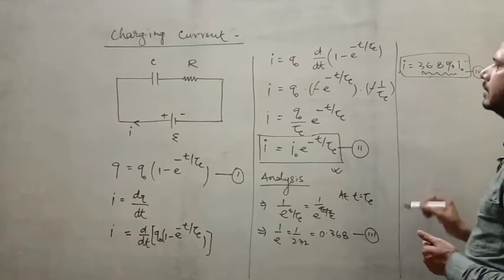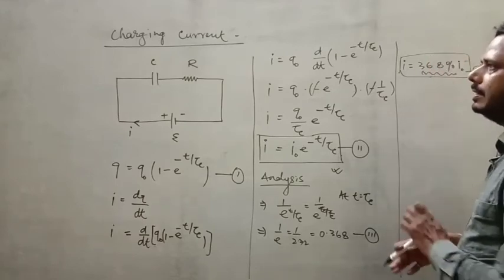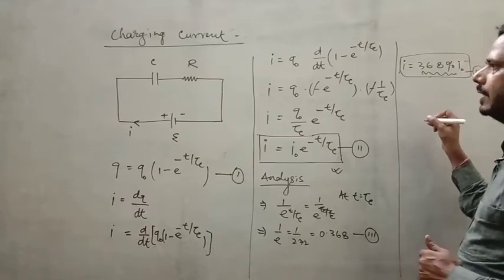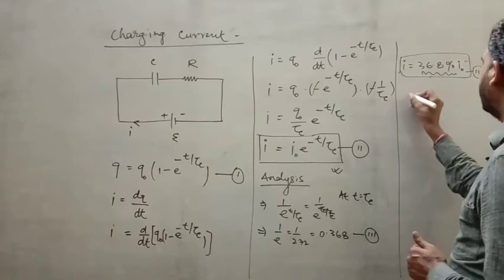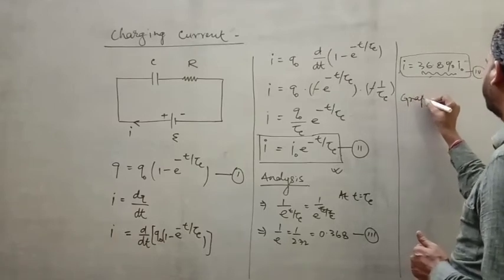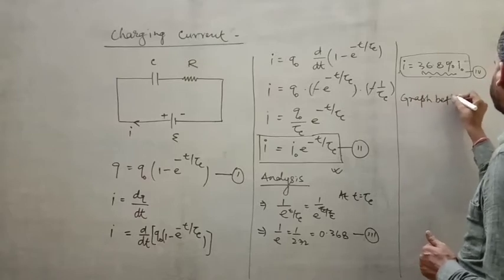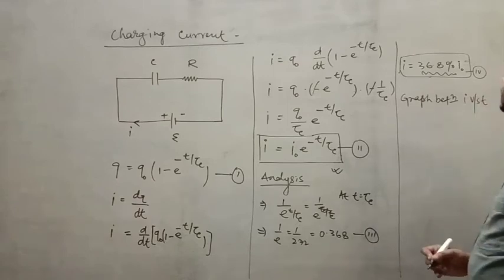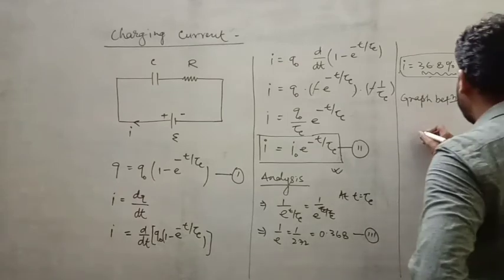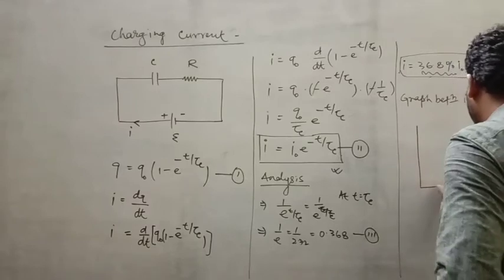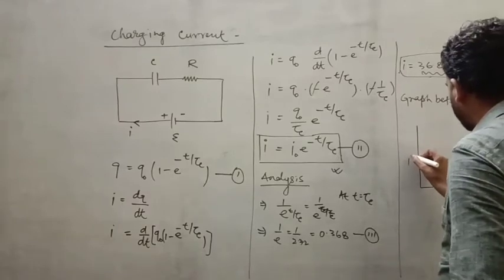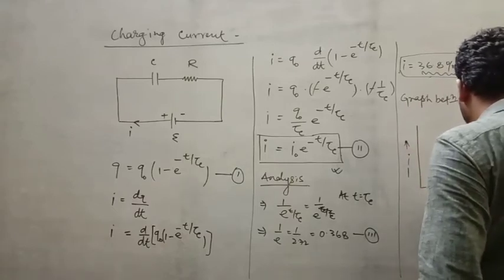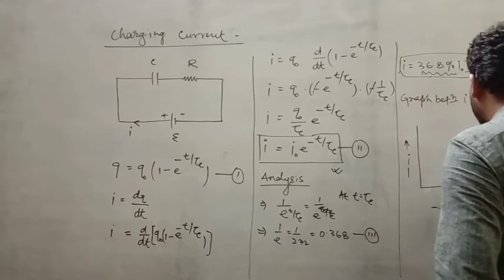Alright, so to better understand, we can draw a graph, the I-t graph. You can see that graph between I versus t, that is time. So you simply see here this one is your I, and this one is your time on the x-axis, and this one is your y-axis.